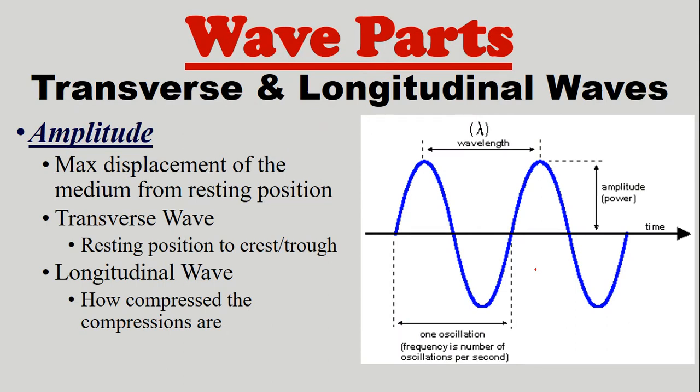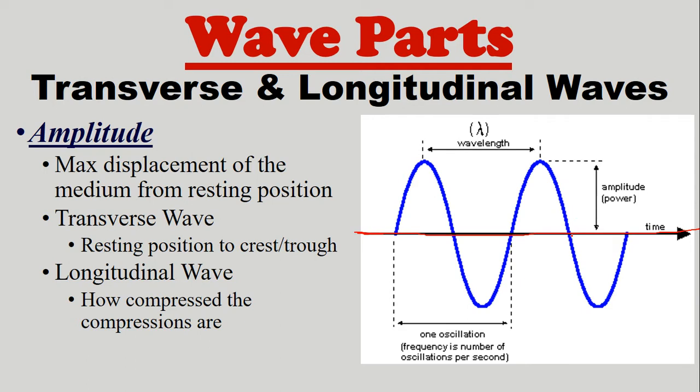Another wave part, also on both of them, is called amplitude. It's the maximum displacement from the resting position. On transverse waves, there's a resting position, and that's the solid line that the wave goes up and down on. That's where the medium would be without the wave.